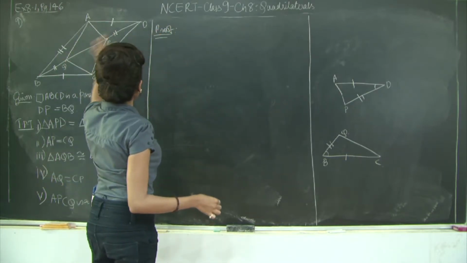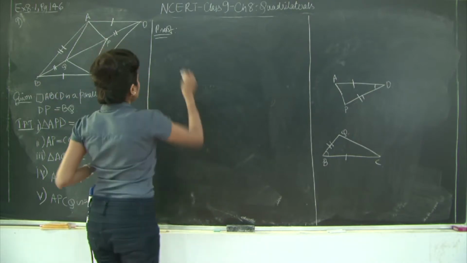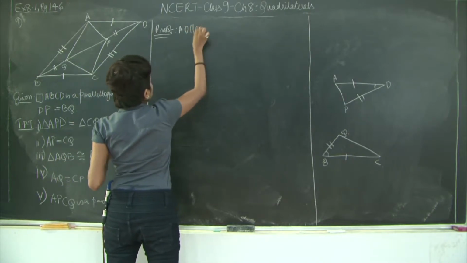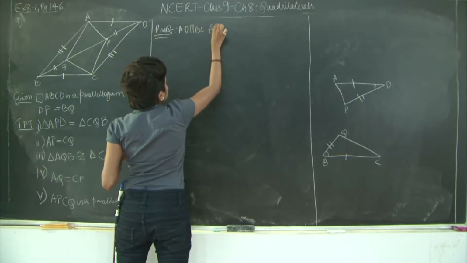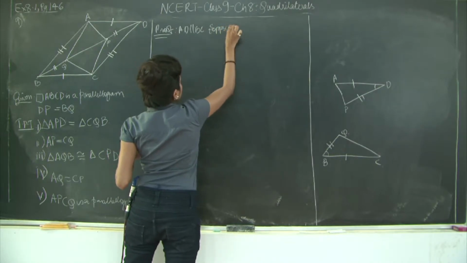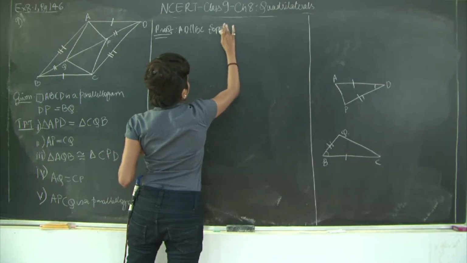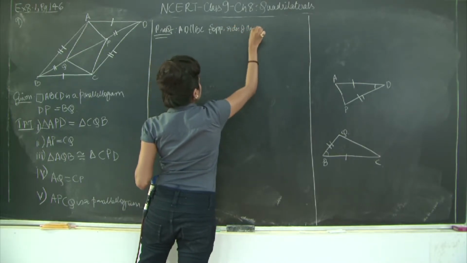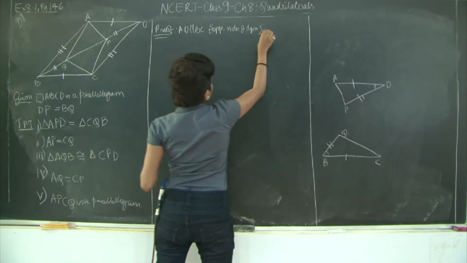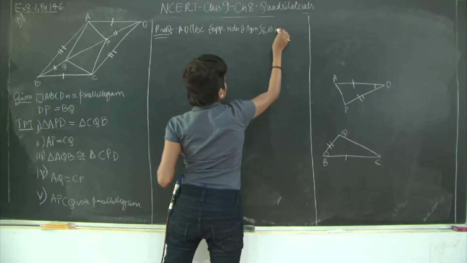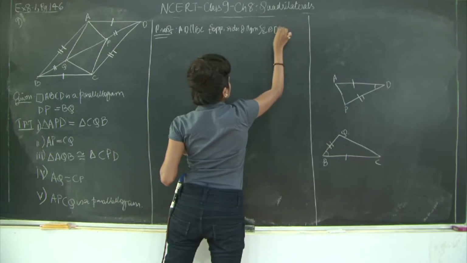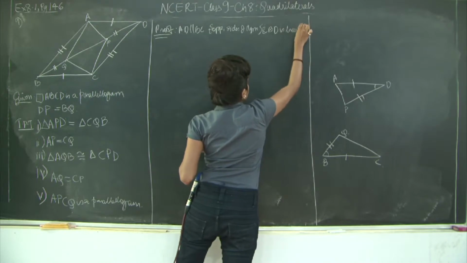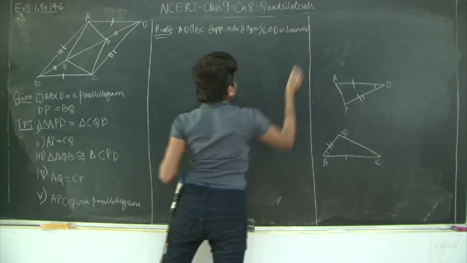First let's prove that angle ADP is equal to angle CBQ. AD is parallel to BC because they are the opposite sides of a parallelogram, and BD is the transversal. Correct.